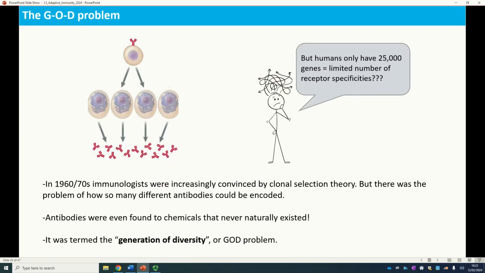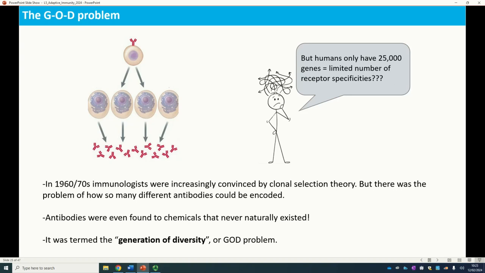But this led to a problem that was called the generation of diversity problem, also known as the GOD, or the God problem. So in the 1960s and the 1970s, the immunologists and the researchers were very convinced by this clonal selection theory. But there was a little bit of a problem as to how we can generate so many different antibodies. So in humans, we have around 25,000 genes.